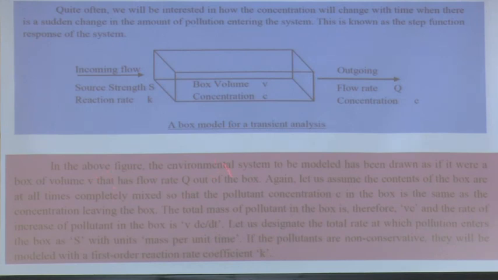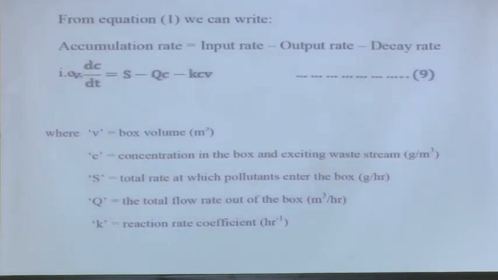So, in the above figure, the environmental system to be modeled has been drawn as a box of volume V, with flow rate q out of the box. I have discussed all this already. Then, from equation 1, what was equation 1? That input rate is equal to accumulation rate plus decay rate plus output rate.